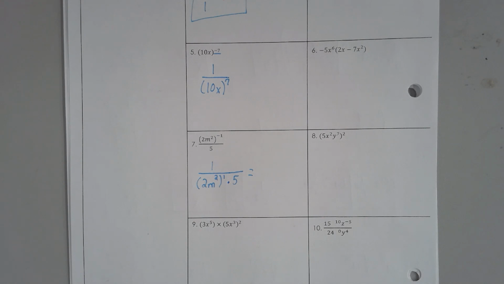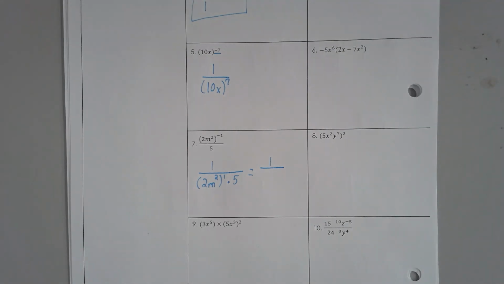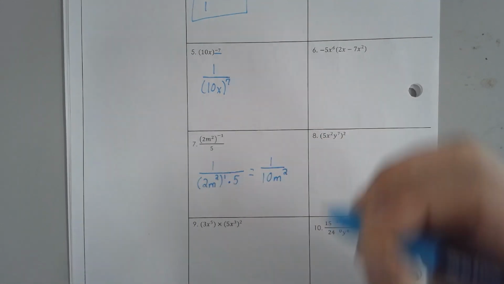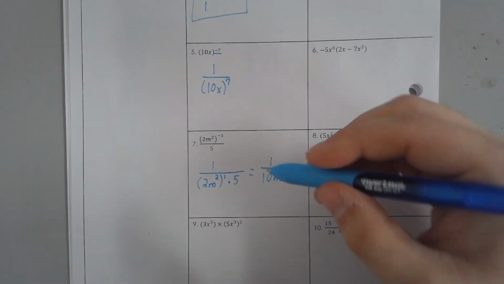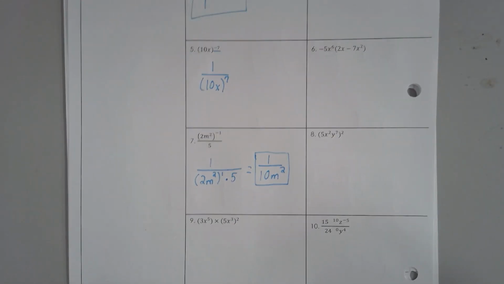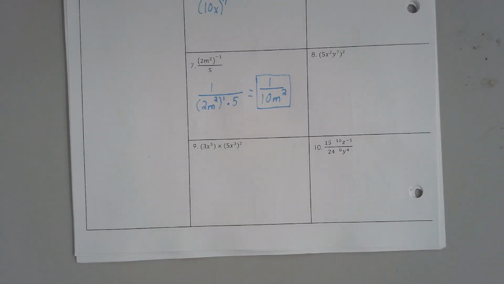You don't have to leave the 1 power there. But it's multiplied with 5. What is 2m squared times 5? If we multiply the 2 and the 5, what is that? 10. And then our m squared stays. If you did put parentheses around it, as long as it was around the whole thing, it would still be right. But there's no need to.